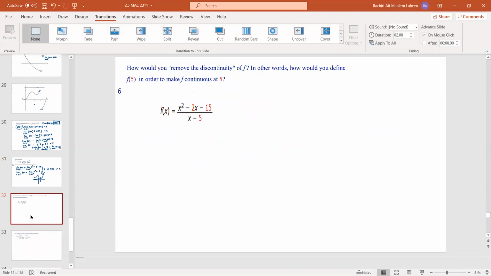How would you remove this discontinuity here? Of course, it's a rational function here, we need to first look at it. Two numbers multiply to -5, and this is negative, so -5 and +3. And so x plus 3.